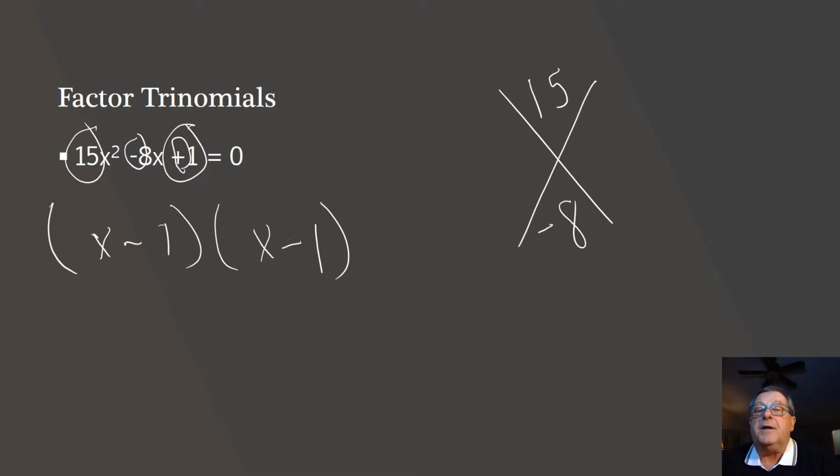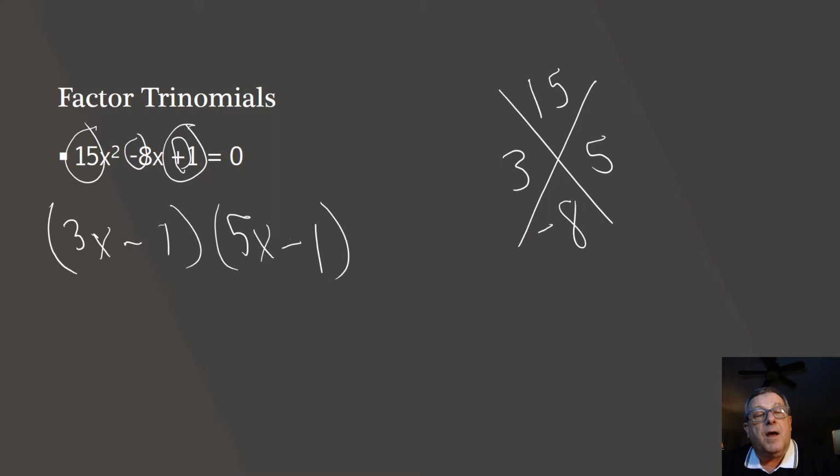And again, 15 and 1 I know is not going to work. But then I got 3 and 5, and I'll be multiplying by negative 1. So 3 and 5, and all that's got to be multiplied by negative 1. So we're going to go 3x and 5x. 3x minus 1 times 5x minus 1.